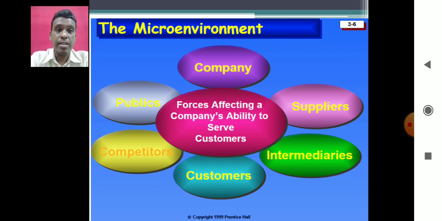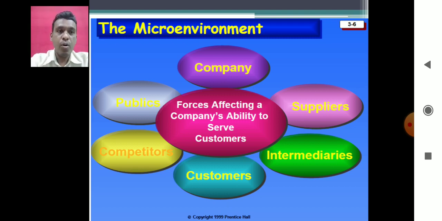Marketing intermediaries are very important when we consider the availability of the products near to the customer. Customers generally prefer products that are good in quality and also easily available. That is why marketing intermediaries play a very important role in this scenario.